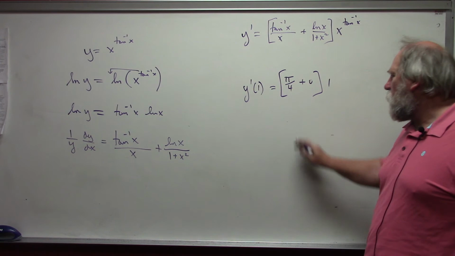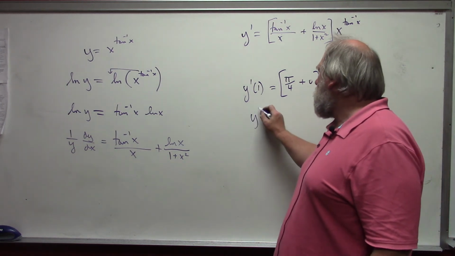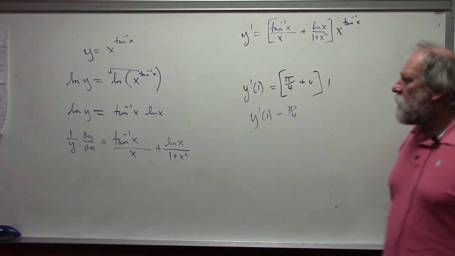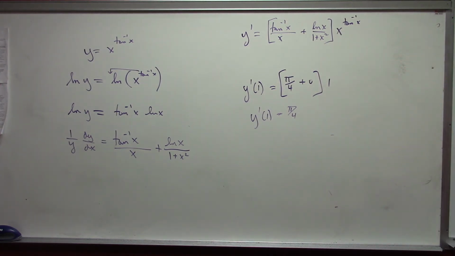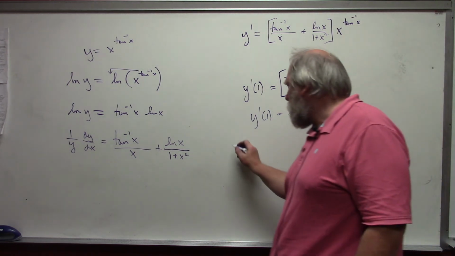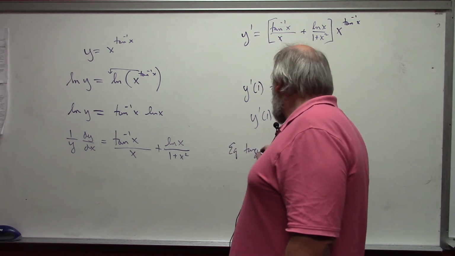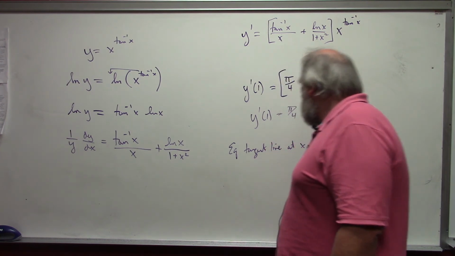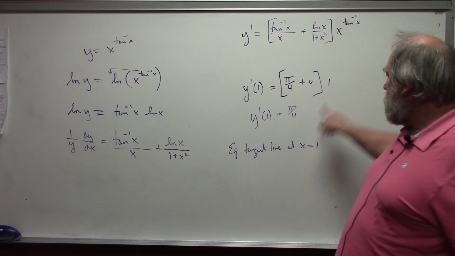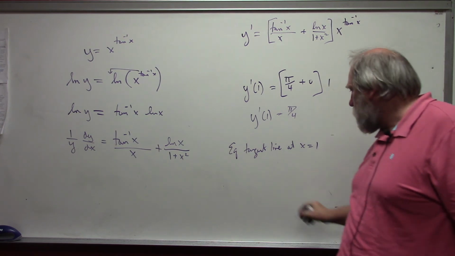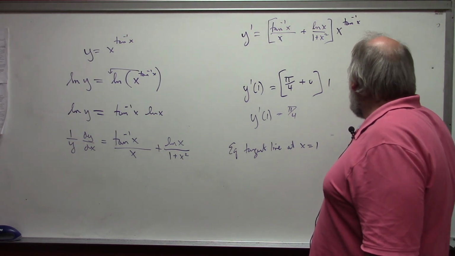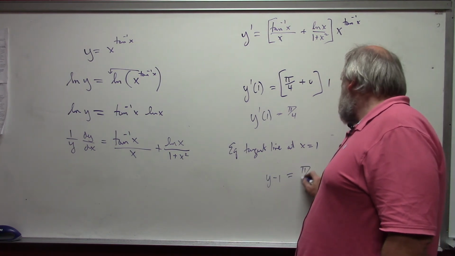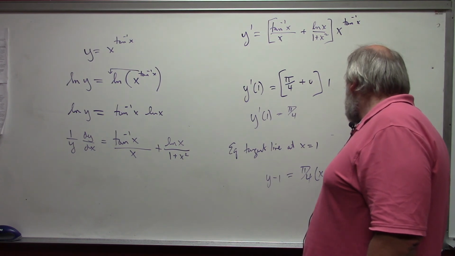So the derivative at 1 would just be pi over 4. Which means in case I wanted the equation of the tangent line at x equal 1, my functional value is 1, so y at 1 is 1, which means my equation would be y minus 1 is equal to pi over 4 times the quantity x minus 1. Rather simple.